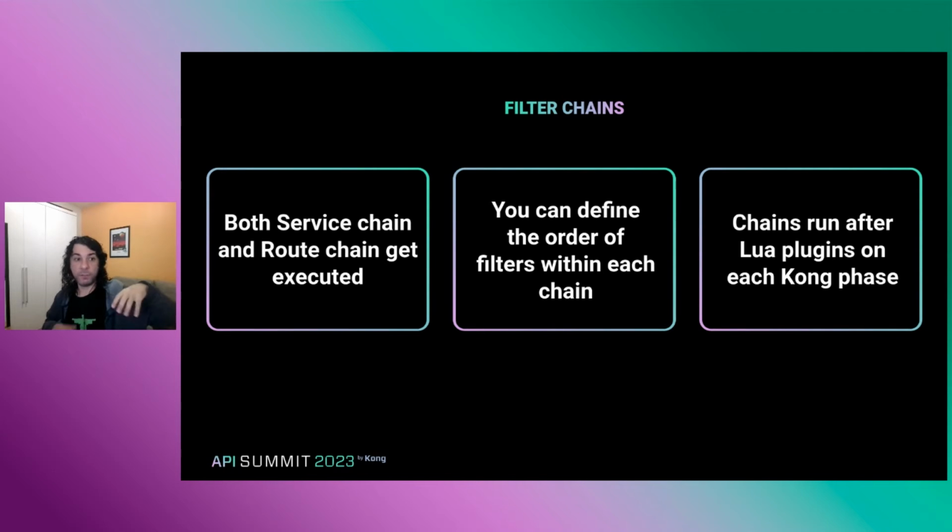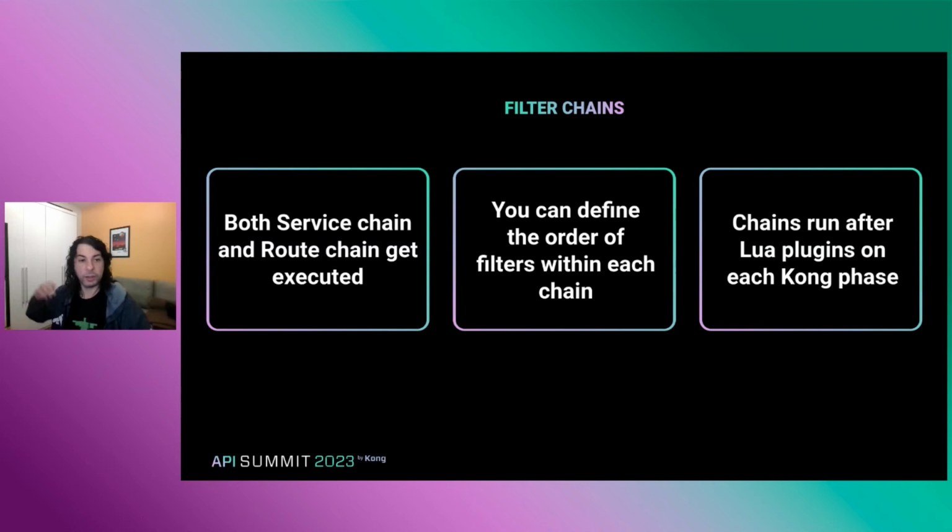So if you have a complex configuration in which you have Lua plugins and filters that run on each of those phases, in the first phase the Lua plugins run, and then the WASM filter chains run. Then for the second phase, you get Lua plugins for that phase, then WASM filter chains for that phase. So effectively, they interleave in that way.